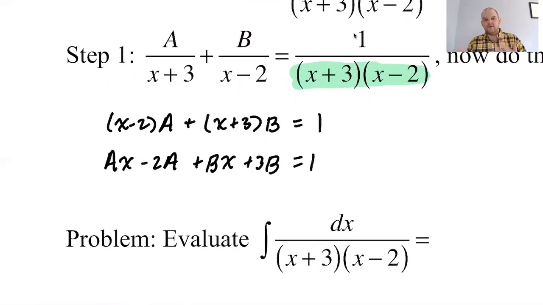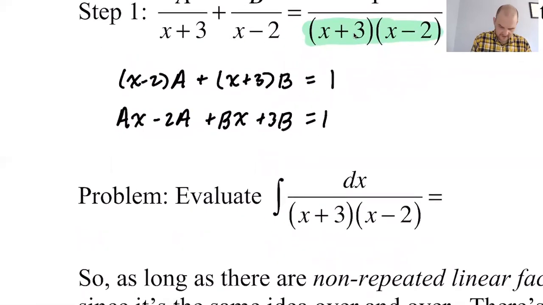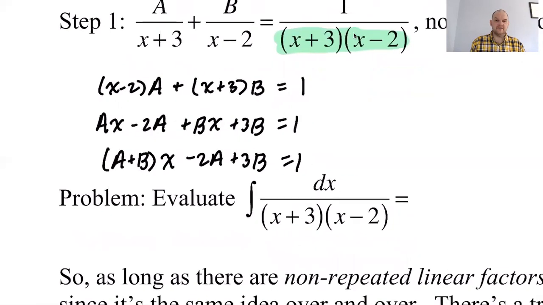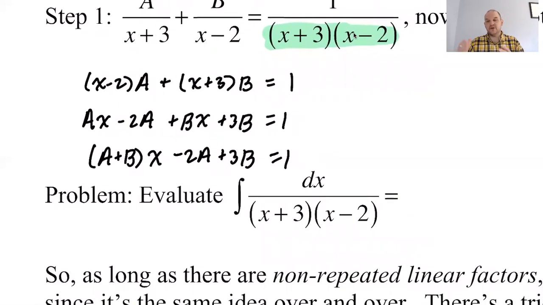Okay, let's kind of like factor this a little bit. Well, a very little bit. So we'll get the quantity A plus B are the coefficients of x, and then minus 2A plus 3B, and that should equal 1. All right, so what can we do? Well, on the right-hand side, there are no x's.